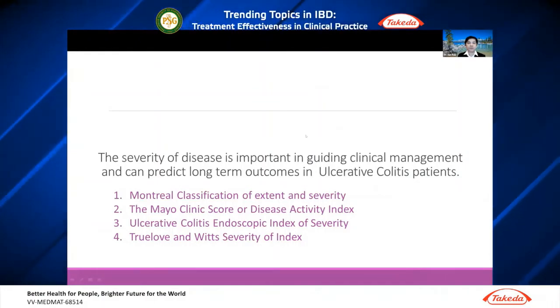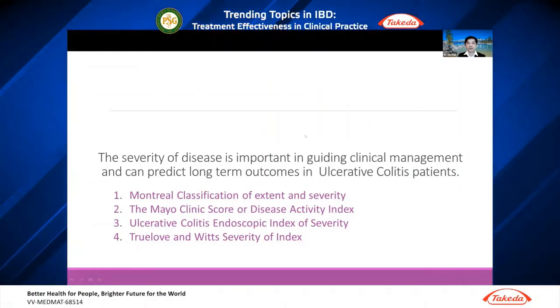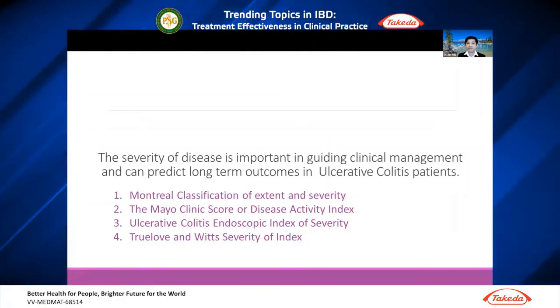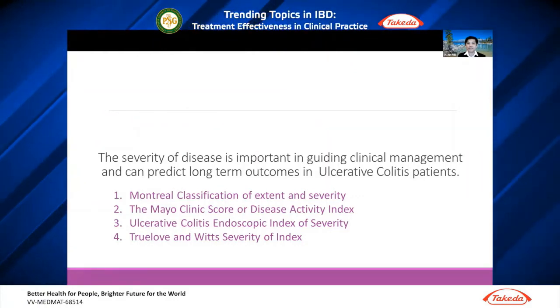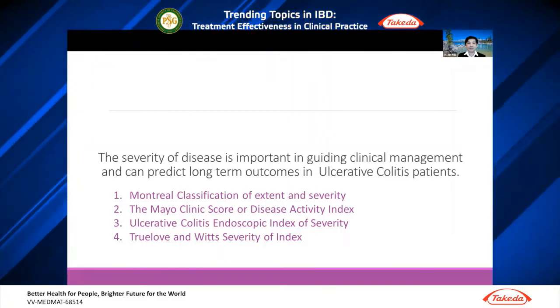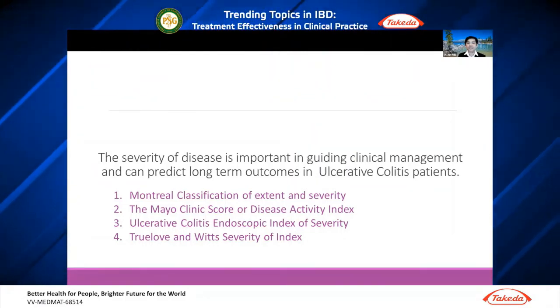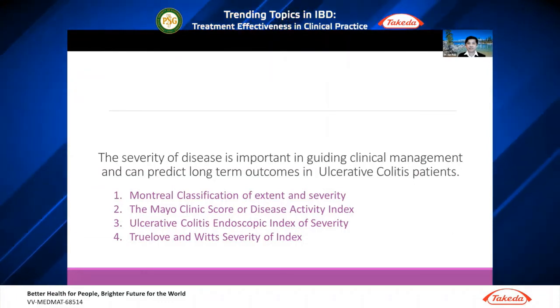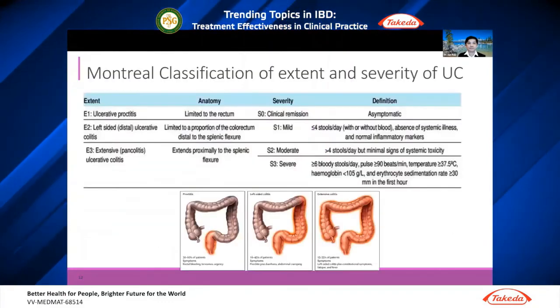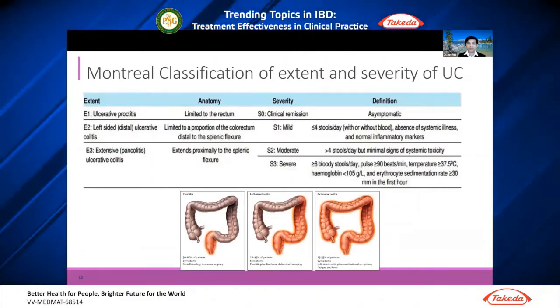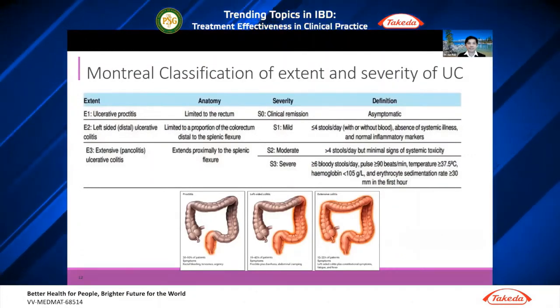The more common ones that are being used are the Montreal classification of extent and severity, the Mayo Clinic score or disease activity index, the ulcerative colitis endoscopic index of severity, and the Truelove and Witts severity index. So let's go one by one. This slide should be familiar for all of us who have been attending the IBD club sessions.